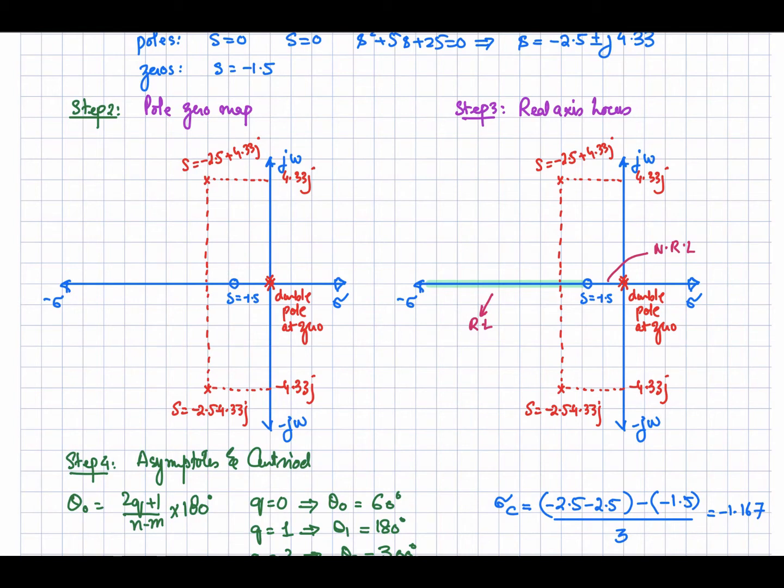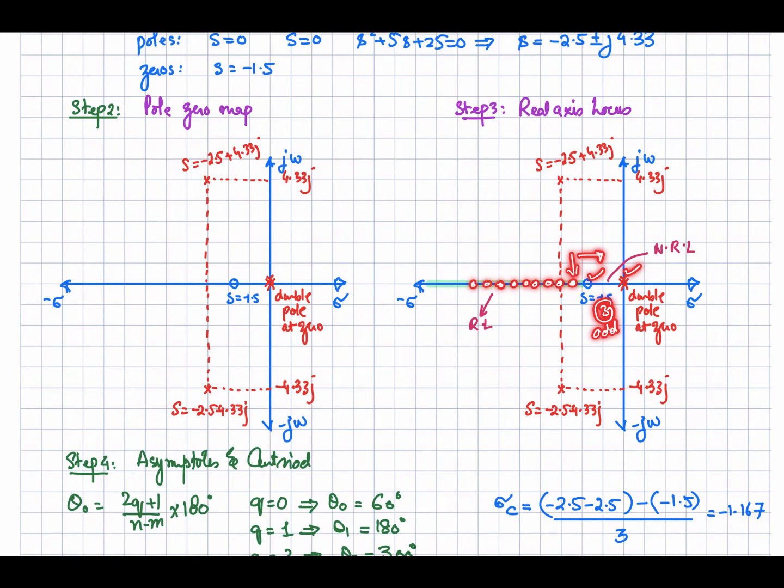Now next we find out which portion of the real axis is part of the root locus. So consider a test point over here. If you look towards the right, there are two poles, so this is not part of the root locus as it is an even number, two poles. Now if I take the test point over here and look towards the right over the real axis, 1 zero and 2 poles, so the total count is 3, which is an odd number, so this point will be on the root locus.